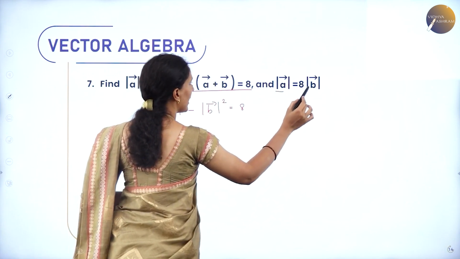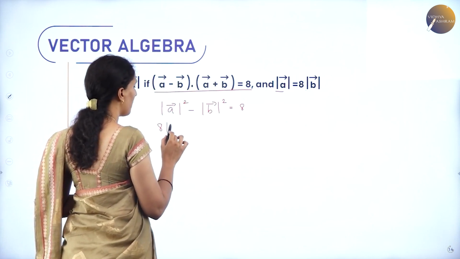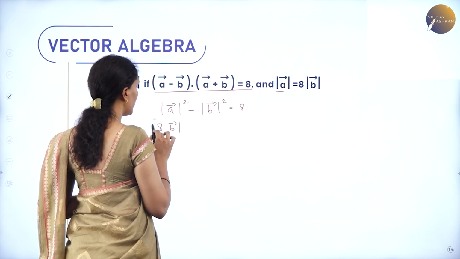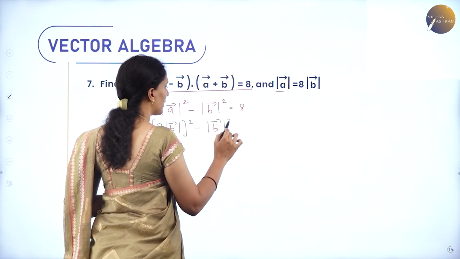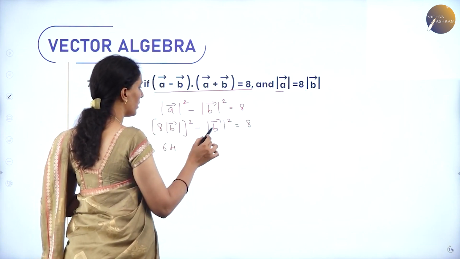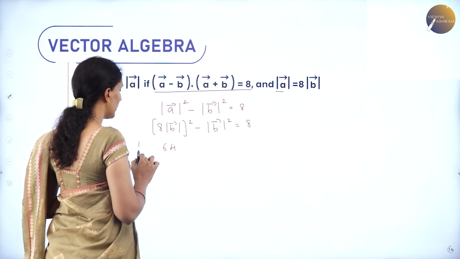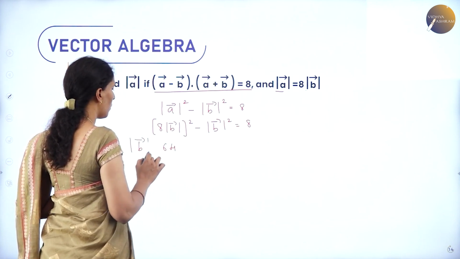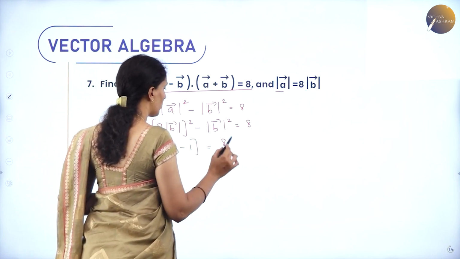Given A is 8 times B, it is 8 square magnitude of vector B whole square minus magnitude of vector B square is equal to 8. So, here it is 64. If I take magnitude of vector B whole square as common, I will get 64 minus 1, which is equal to 8.